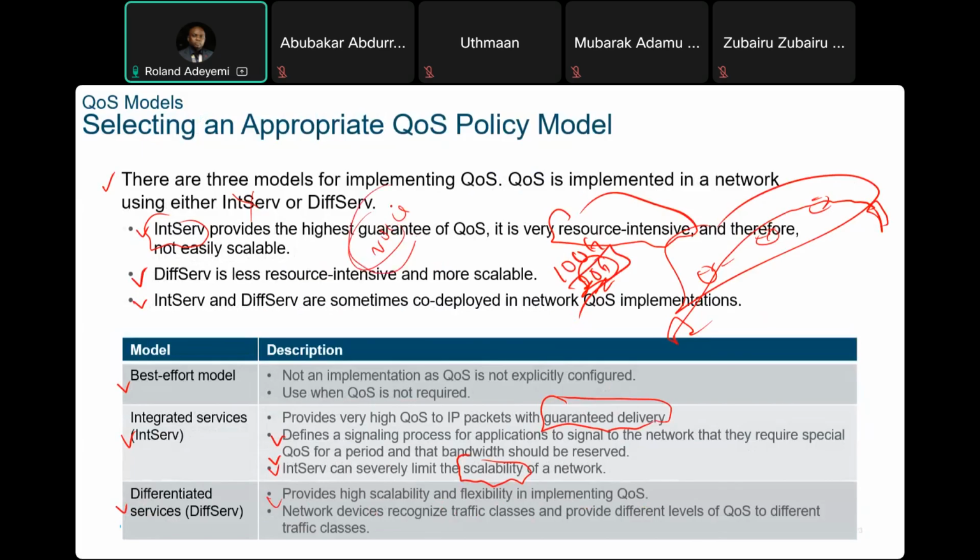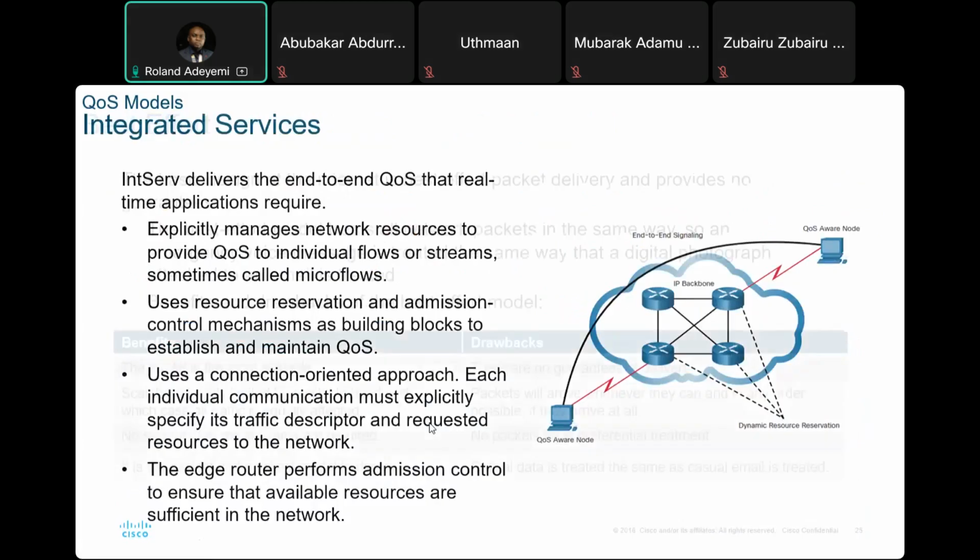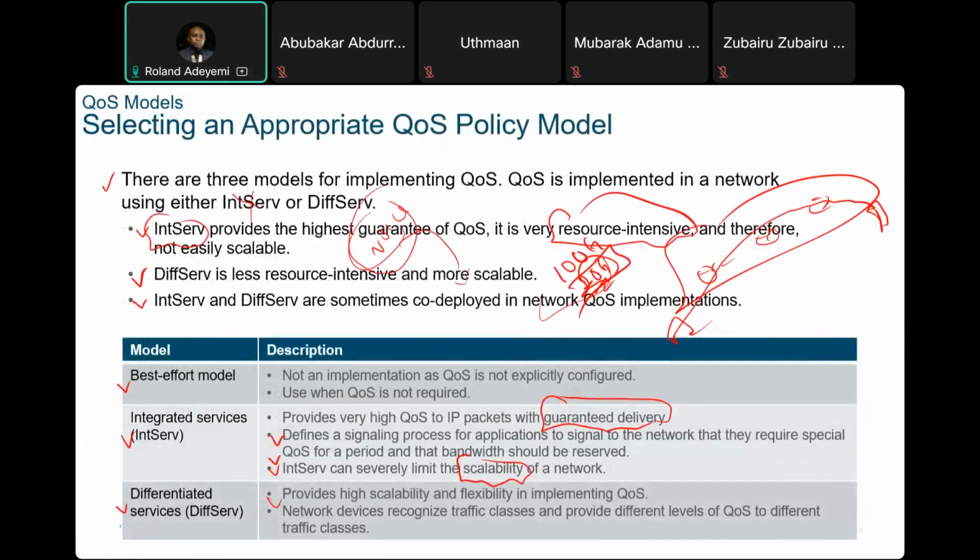If voice is not available at any point in time, we can make use of that 20 gig. The moment voice shows up, that 20 gig will be cut off from other traffic and given to voice. So it is flexible.